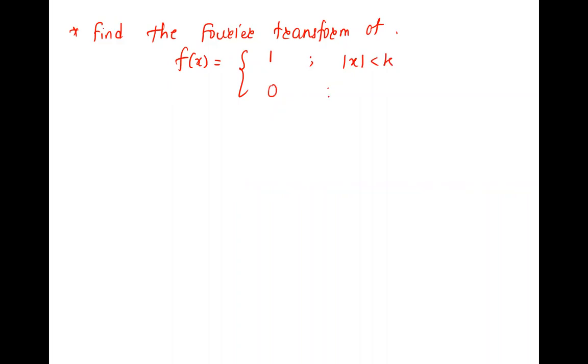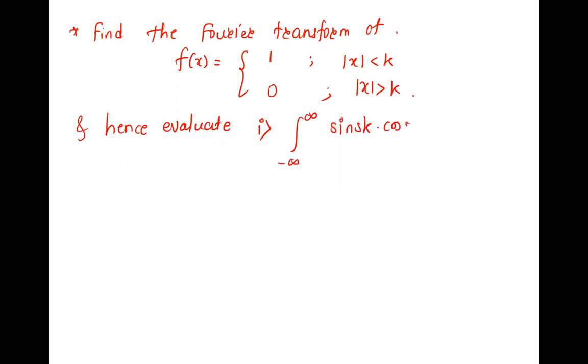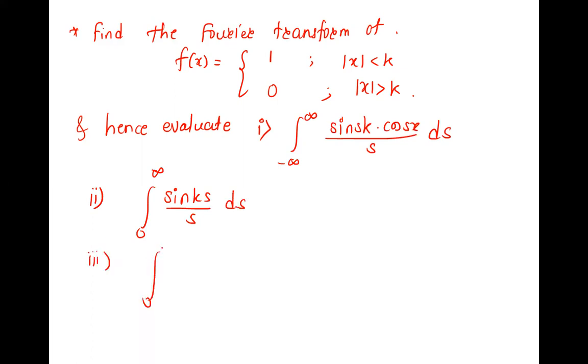Find the Fourier transform of f of X equal to 1 when mod X is less than K, and 0 when mod X is greater than K, and hence evaluate: first, integration from minus infinity to infinity of sin sk cos sx upon s ds; second, integration from 0 to infinity of sin ks upon s ds; and third, integration from 0 to infinity of sin s upon s ds.